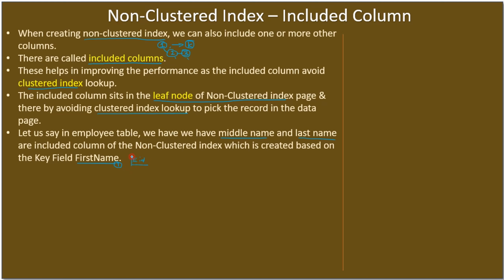This is a primary key based clustered index, but the non-clustered index is created on first name. So we have middle name 2 and last name 3. This can be included columns of the non-clustered index key column first name. So what is the advantage of including these two columns? Let's see that.